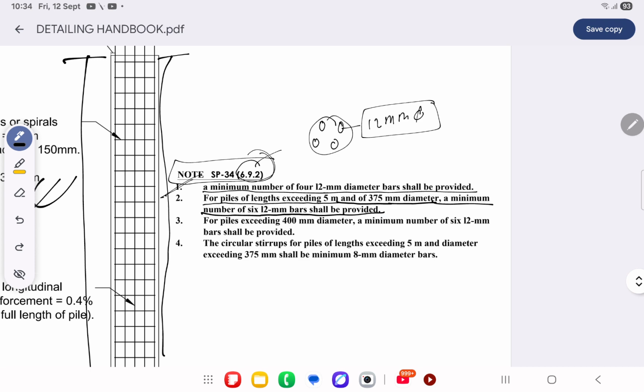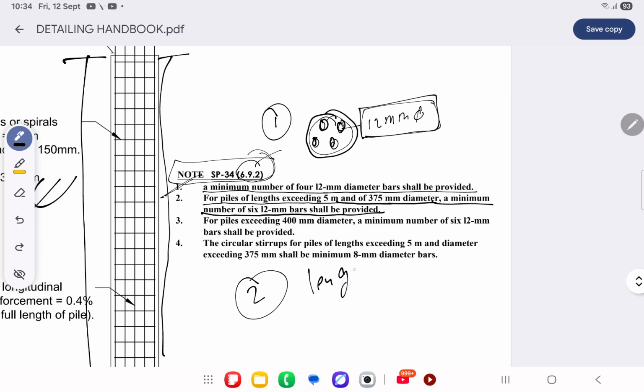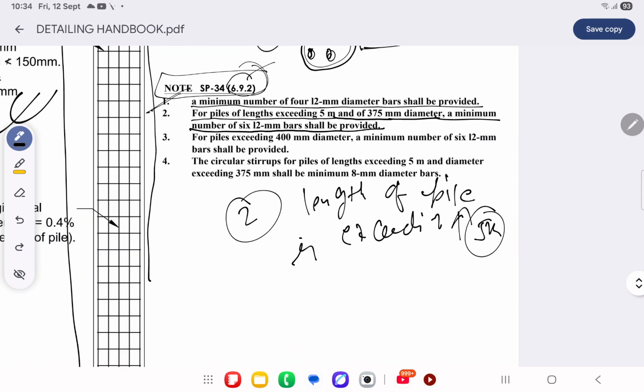In the first case, it is saying that the minimum number of bars we can provide in the case of pile is 4 bars of 12 mm diameter. But if the length of the pile is exceeding 5 meter, then how much do you have to provide?